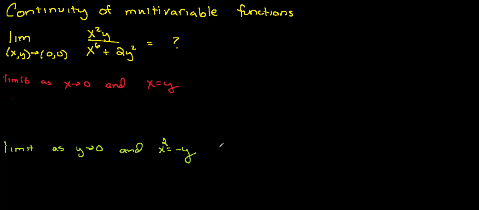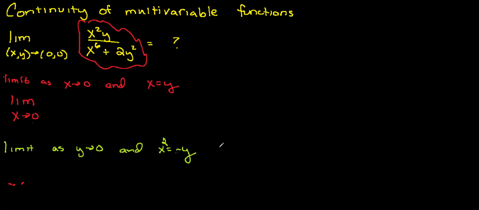I'm going to do the first one, and then I'm going to leave the second one for you to do. So I'm going to do the limit as x goes to 0 of this expression, but I'm going to come in on the path where x equals y. So wherever I see an x or y, I can replace it with the other variable.